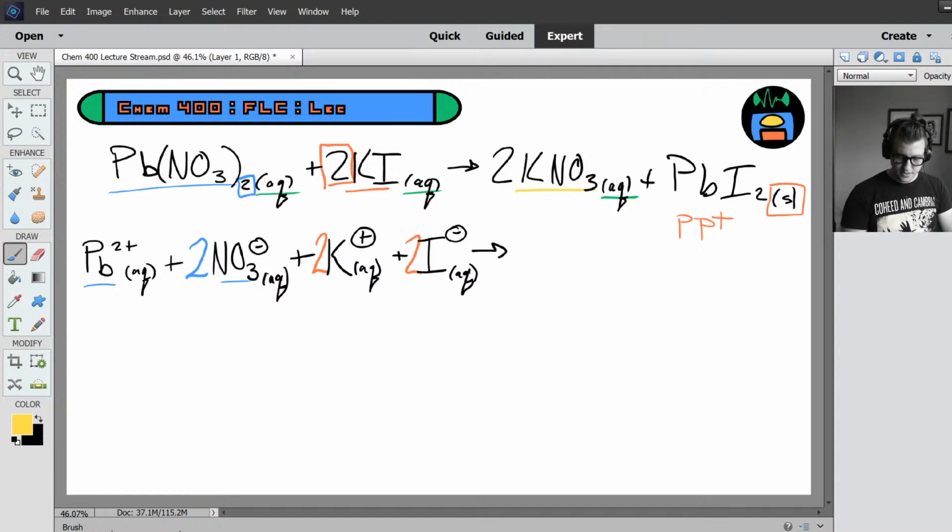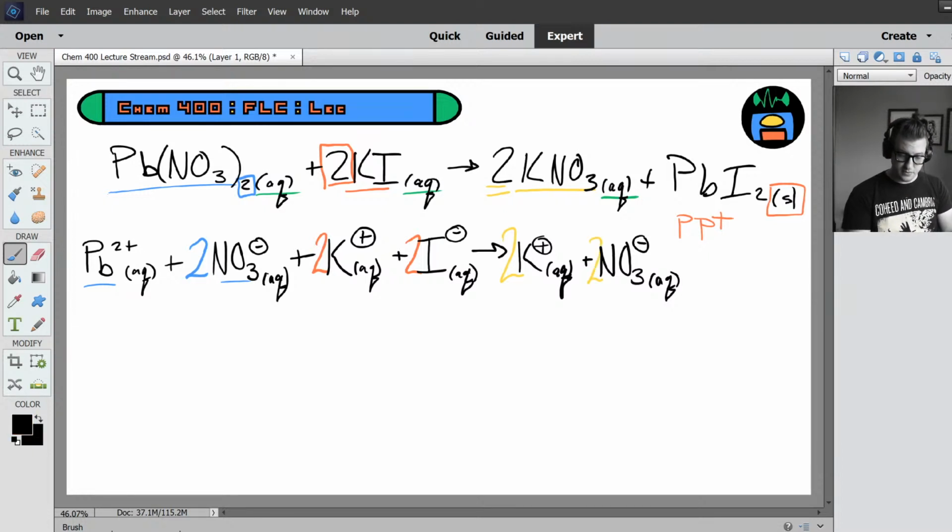And now our products, onto the product side. The next aqueous ionic compound to write out is potassium nitrate, so we have free-floating aqueous potassium ions plus free-floating aqueous nitrate anions. And again, because we had 2 of these molecules, we have to put a stoichiometric coefficient of 2 in front of potassium and nitrate.